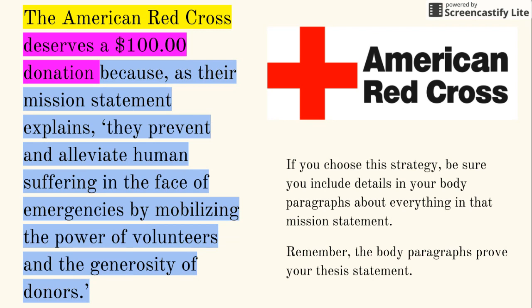Now, if you choose this strategy, if you choose to quote their mission statement or a part of their website, be sure that you include details in your body paragraphs about everything in that mission statement. You're going to prove that that is true, that they deserve the $100 because of what is stated there. Remember, the body paragraphs prove your thesis statement. But I would say do not quote their mission statement unless you understand every word in it.